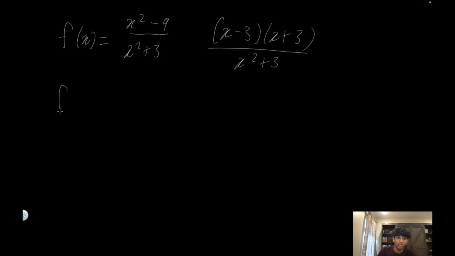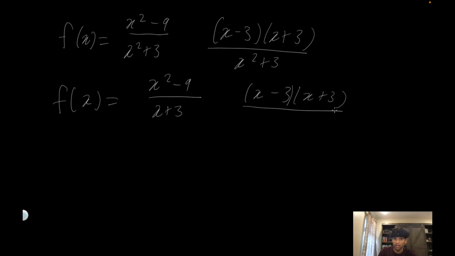Now, what if we have a slightly different but similar example? x squared minus 9 over x plus 3. Now, the numerator still factors the same, as it's the same numerator, of course. Now we have x plus 3 in the denominator, so you may notice that these terms actually do cancel out, and we're just left with f of x is equal to x minus 3.